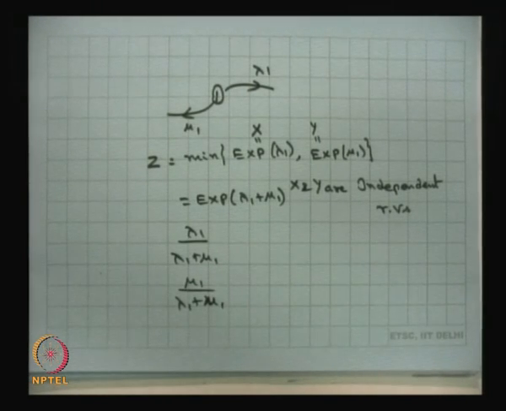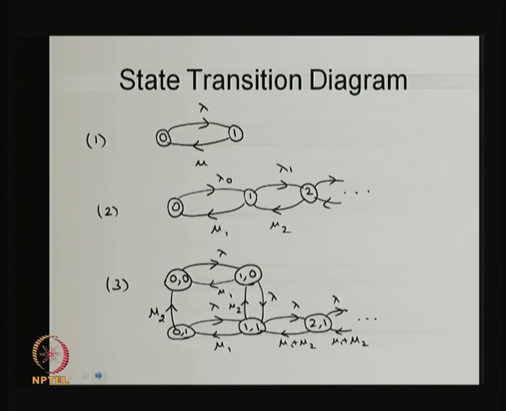So the conclusion here is that the time spent in state 1 is exponentially distributed with the parameter lambda 1 plus mu 1. Similarly, the time spent in state 2 has the parameter lambda 2 plus mu 2. So this is one type of continuous time Markov chain.